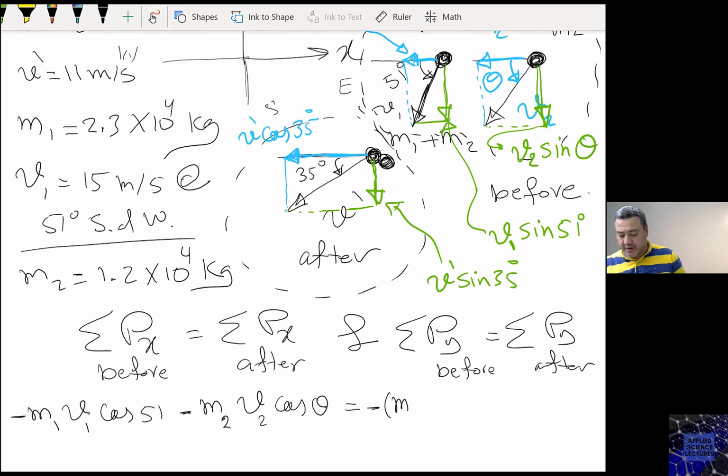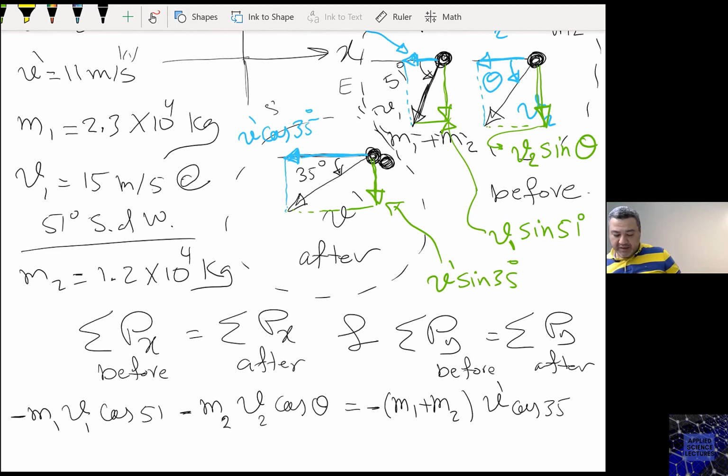minus (m1 plus m2) v prime cosine 35, right?